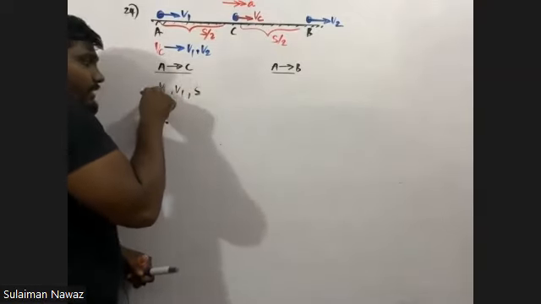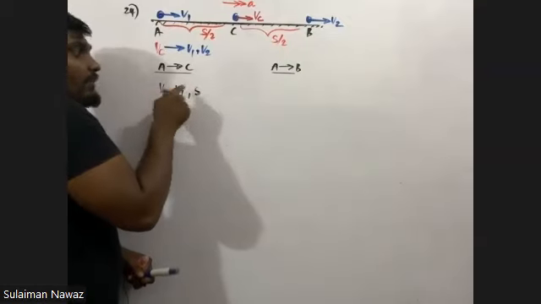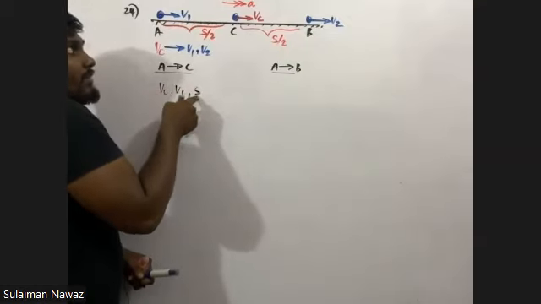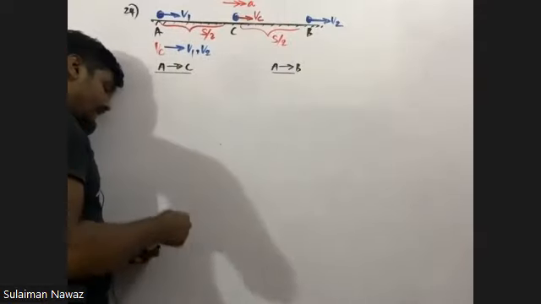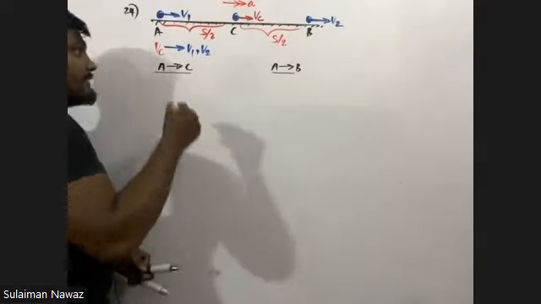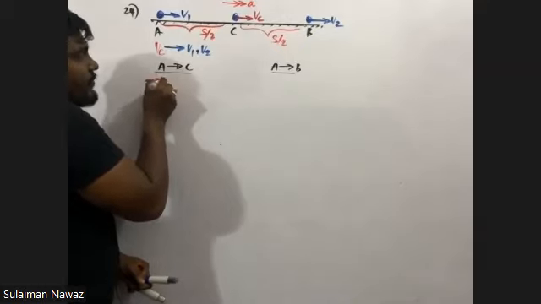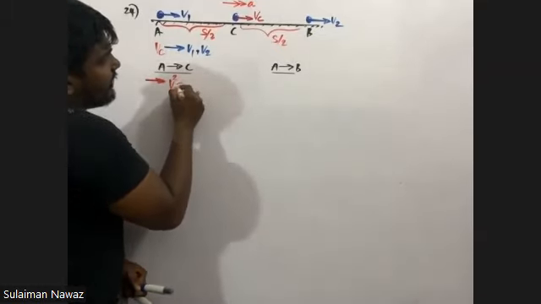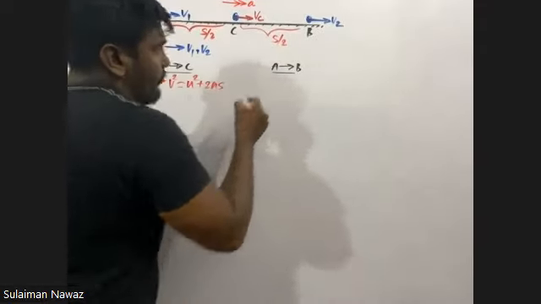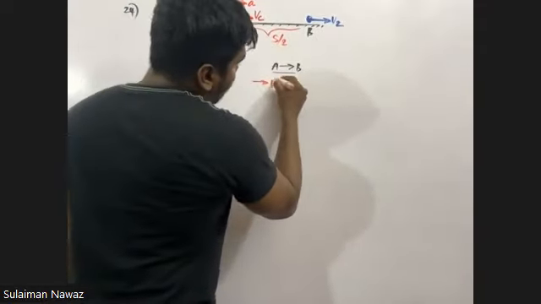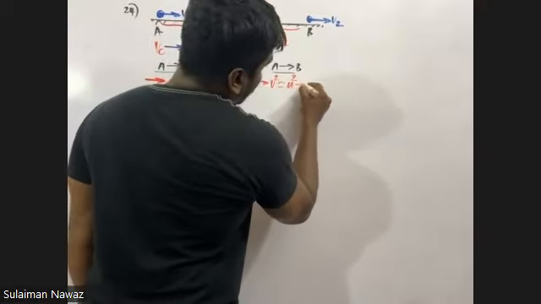Then initial velocity, final velocity, displacement, and one more, acceleration. Best equation is what? V squared equals U squared plus 2As. For A to B also, the best equation is V squared equals U squared plus 2As.